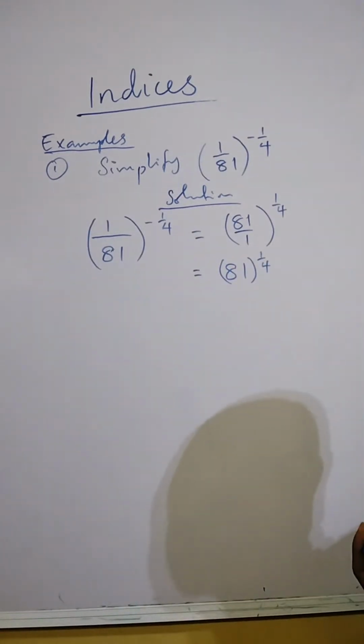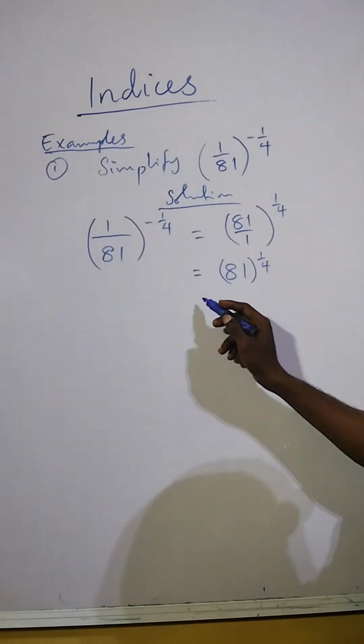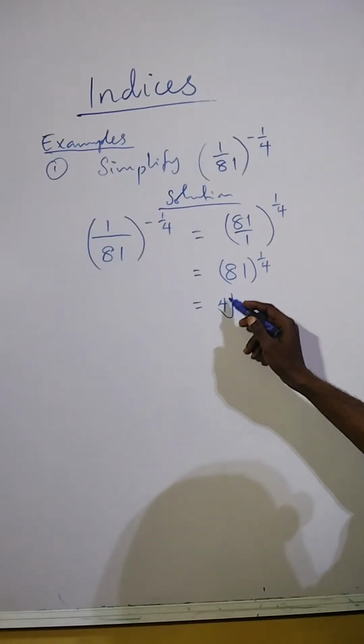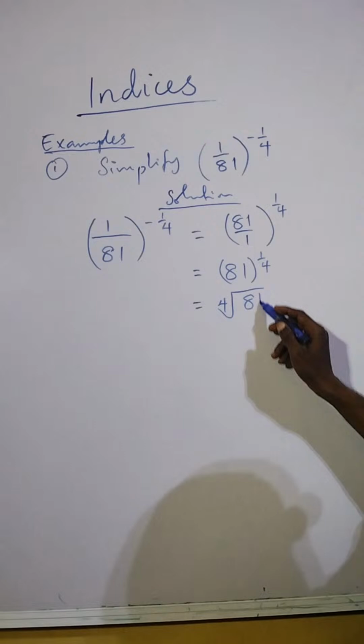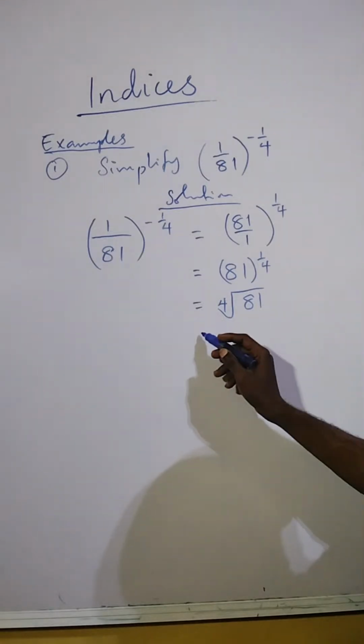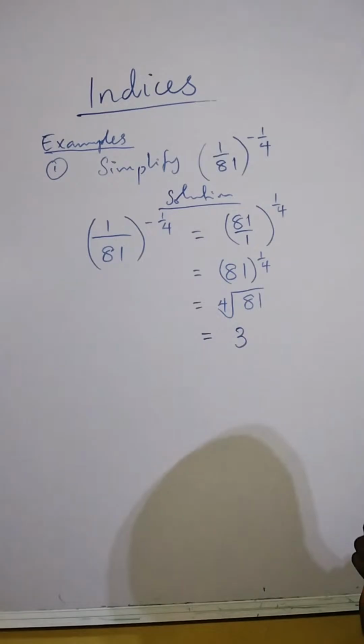And interestingly, this also follows a law that we can say this is the 4th root of 81. And the 4th root of 81 simply means the number you can multiply 4 times that will result in 81. That is definitely 3. So the result here is 3.